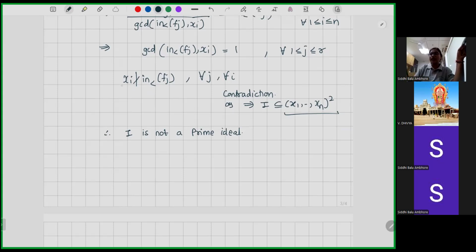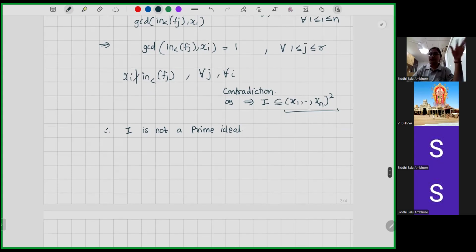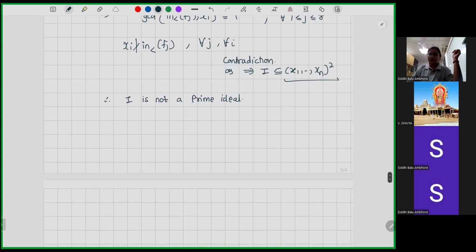And in that case, none of the xi divides this Fj. So it contradicts the result which we proved earlier. When I upload the notes, I will try to write which lecture number it was in which we proved or observed this.